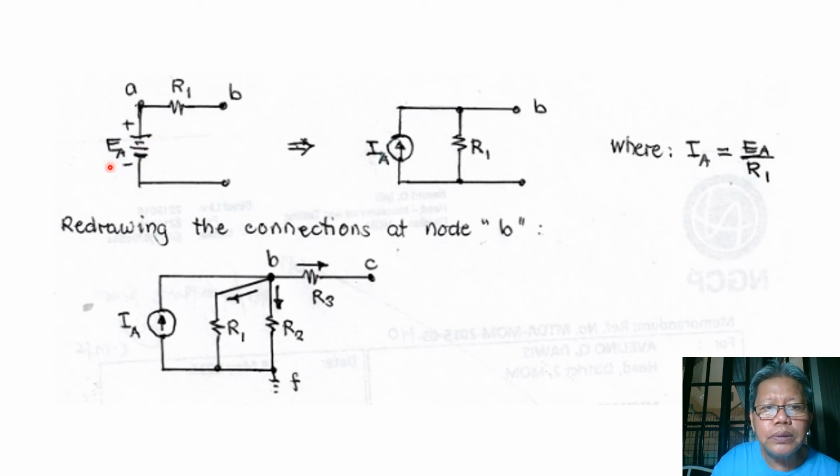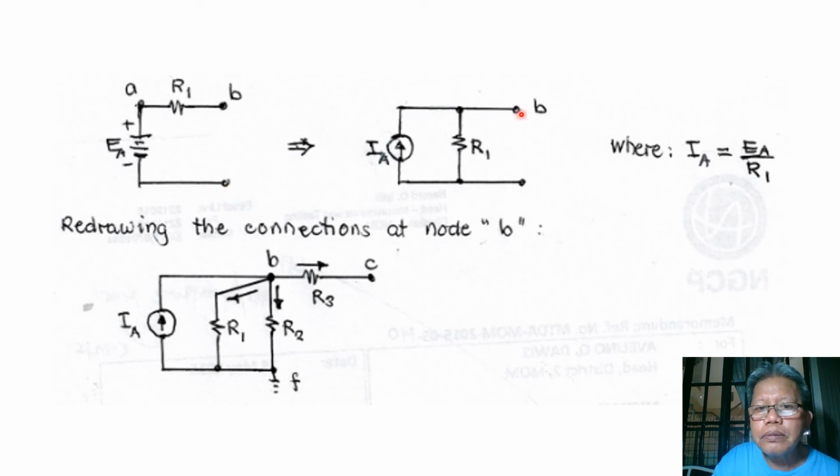So we have a voltage source in series with a resistor with respect to terminals B and this. We can convert this into Norton's equivalent circuit, which is a current source IA in parallel with this resistance R1 across the same terminals B and this is F in our network, which is the reference node.